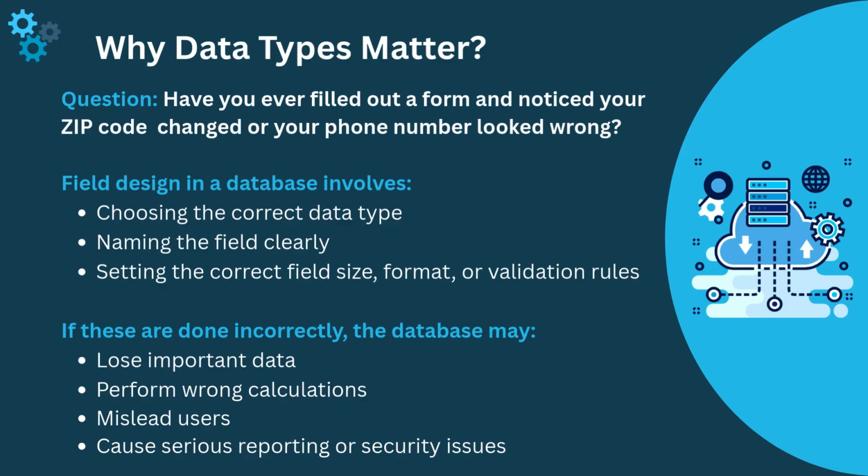If these things are not done correctly at the start of the creation of the field, then you run the risk of losing important data. You run the risk of numbers performing wrong calculations, misleading users, and serious reporting issues and possible security threats.